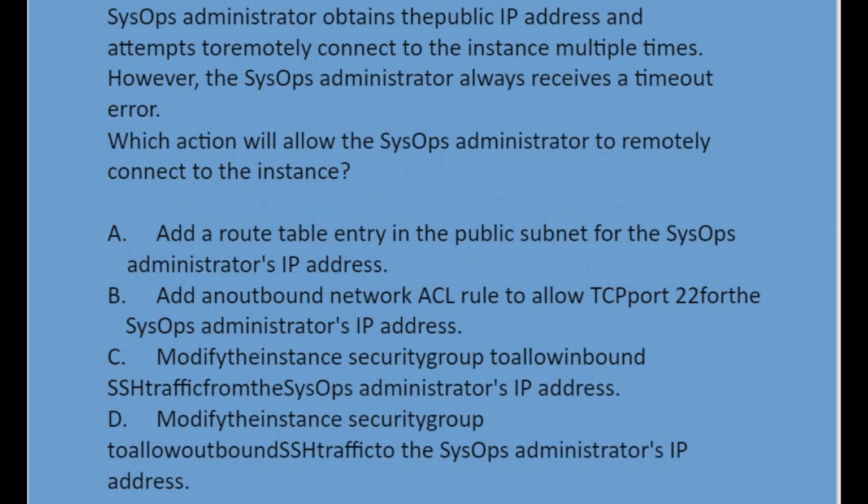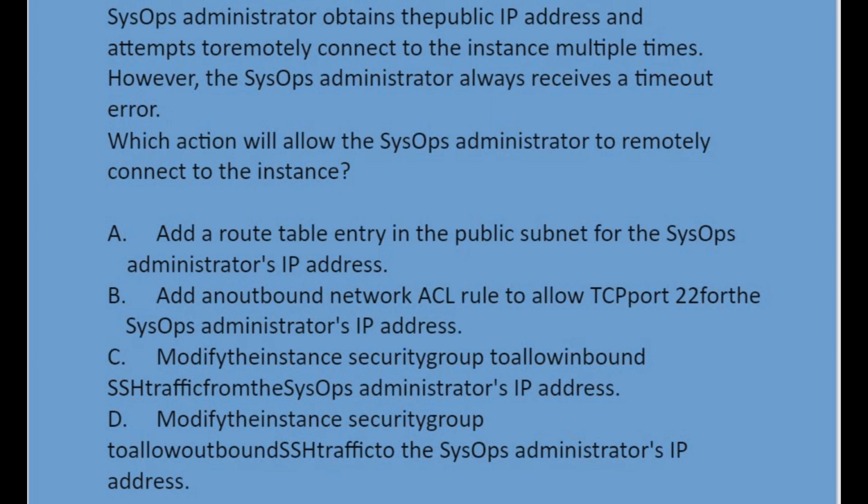Option A, add a route table entry in the public subnet for the SysOps administrator's IP address. Option B, add an outbound network ACL rule to allow TCP port 22 for the SysOps administrator's IP address.